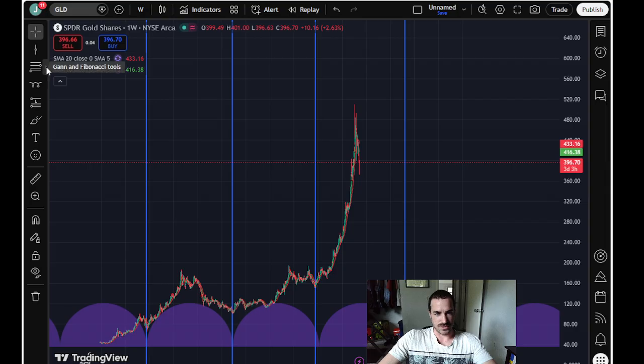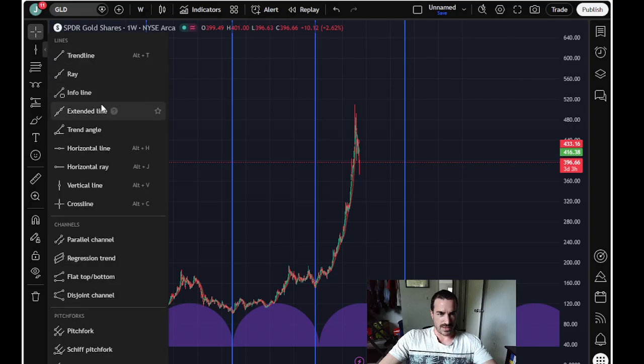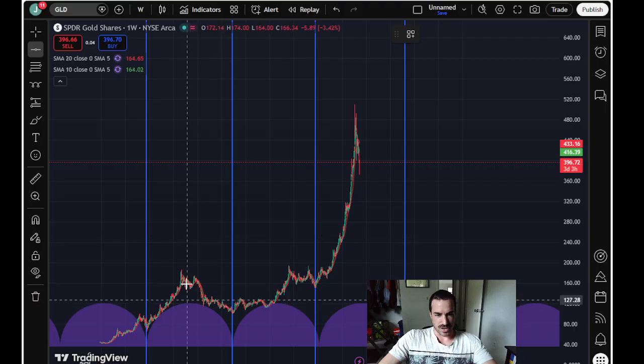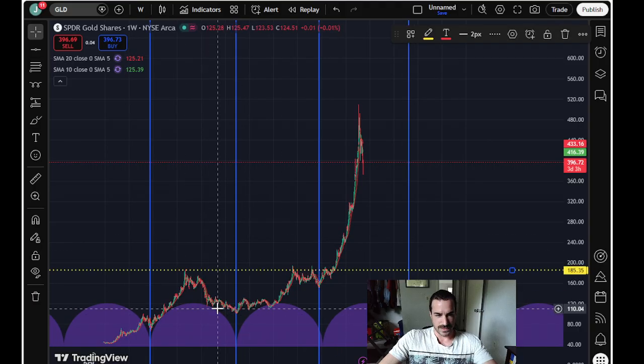Now we need to determine major inflection points. So an inflection point is just where the price stopped at or bottomed at. So here's an inflection point. So you can see this run up in the 2011 period. It stopped right there.